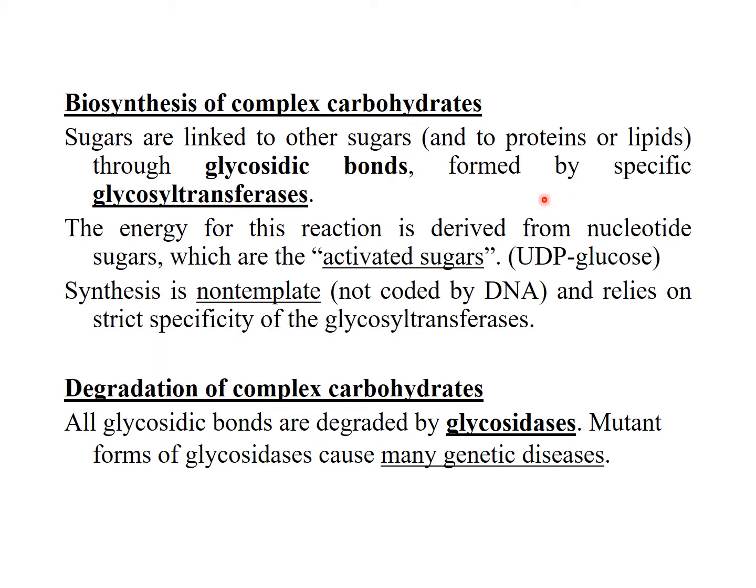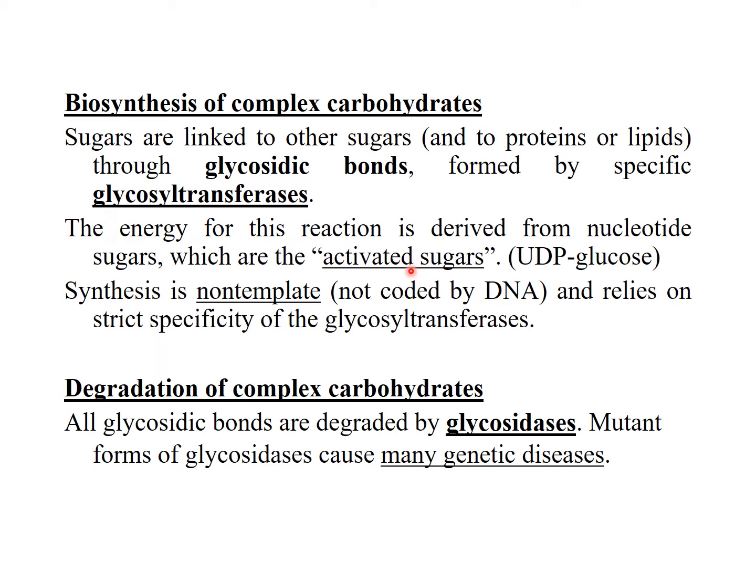I also emphasized before, at glycogen synthesis, that every biomolecule that you want to put into a biochemical reaction needs to be activated. We talked about activated sugars, and in case of glycogen synthesis, it was UDP glucose. Now you can imagine that every sugar, modified sugar, needs to be activated.